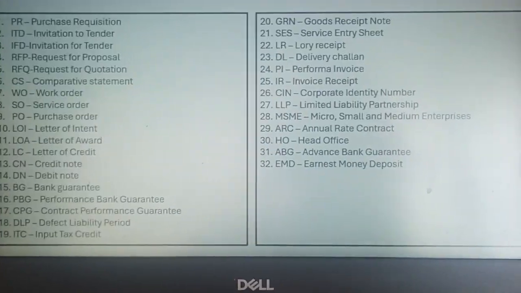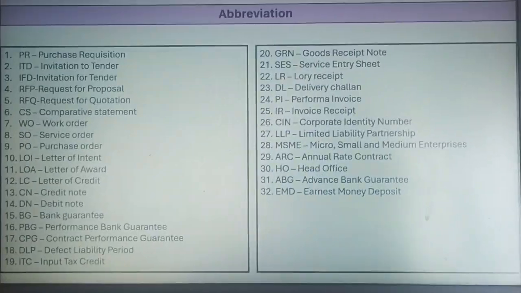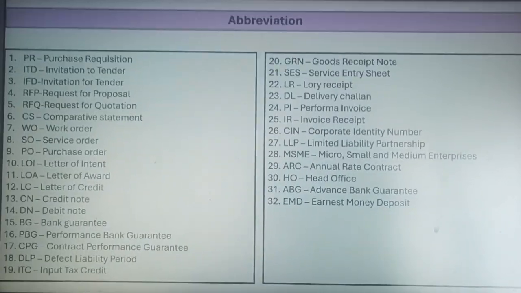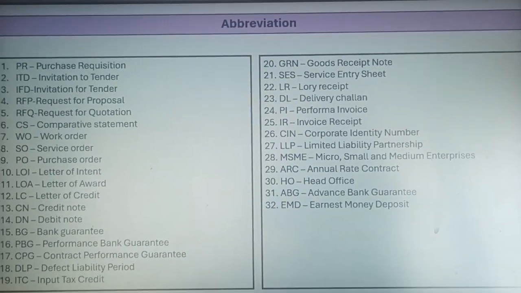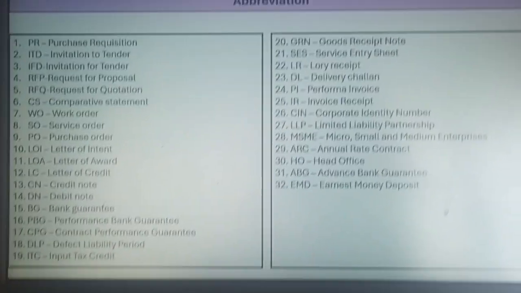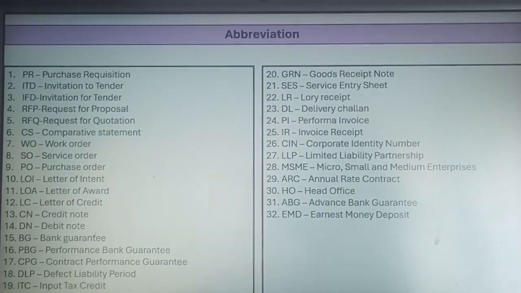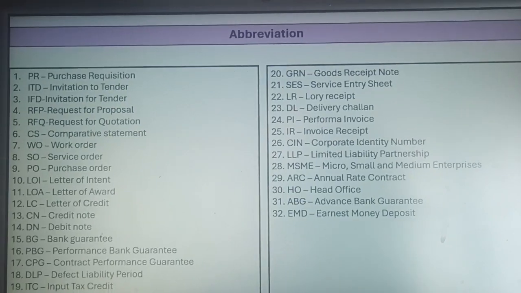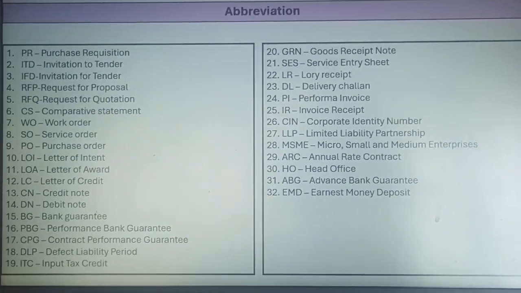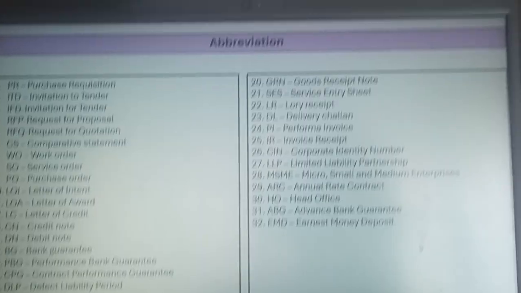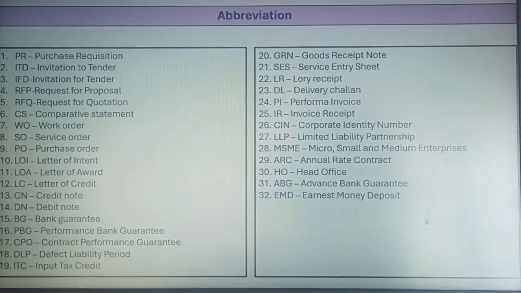Earnest money deposit is also a part of security deposit. It is given with the tender bidding, the vendor quotation, and once we finalize the order, we return the EMD to the contractor.